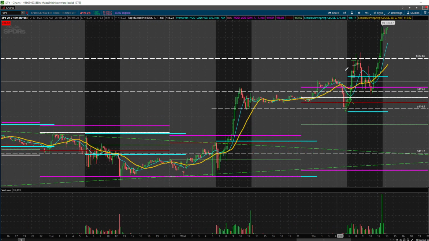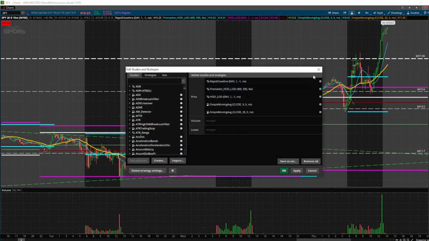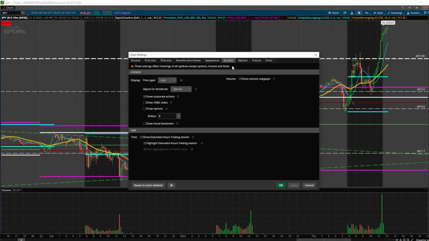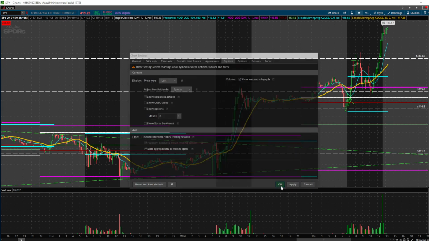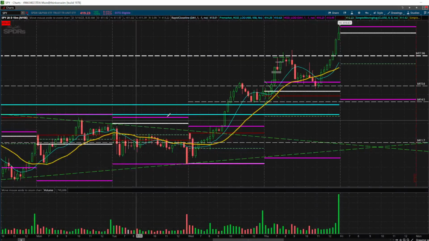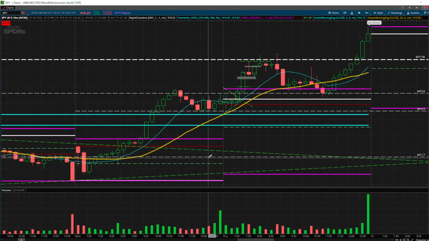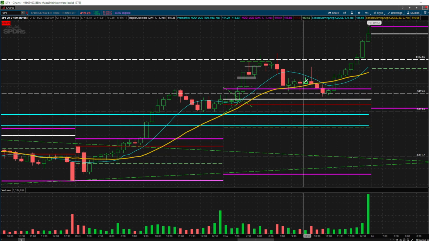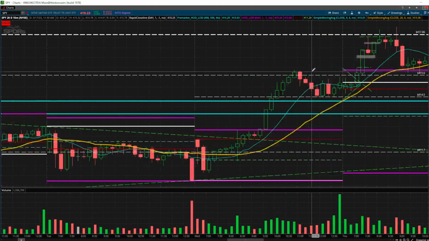So if this picture doesn't make sense, just wait until I turn off my extended hours. Now tell me if you see the breakout and then the retest of that support, which is the same thing, and then the move back up. Ignore that last leg.